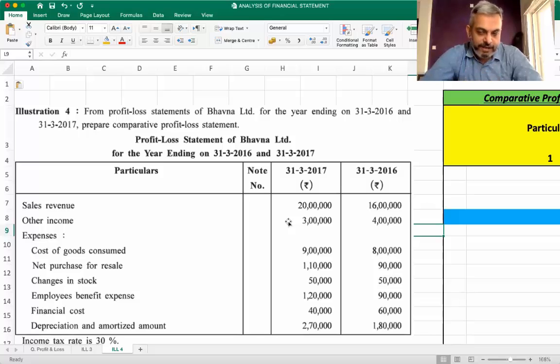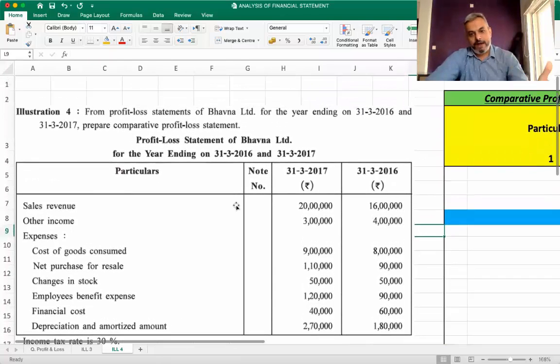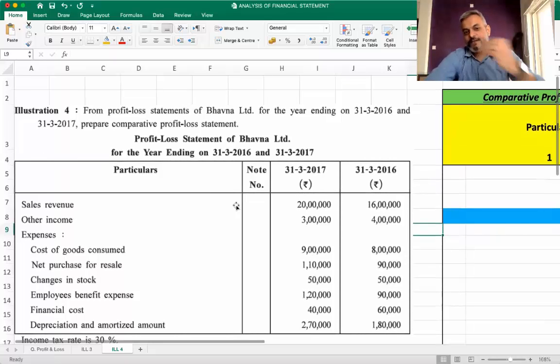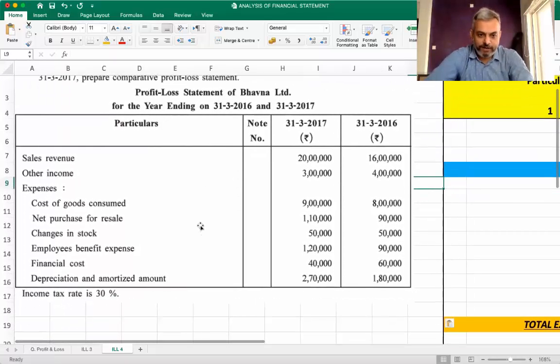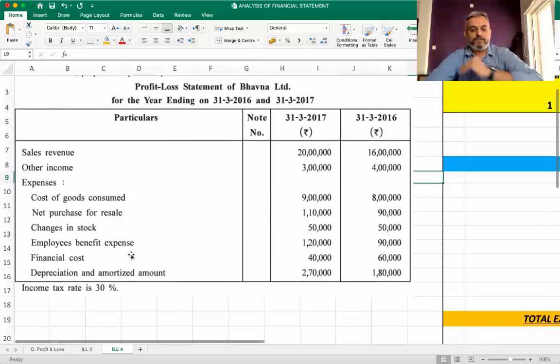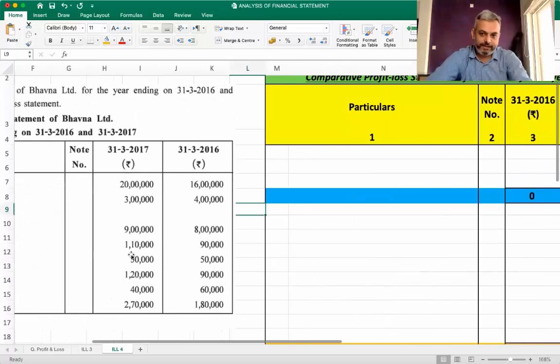You have to be careful in the exam whether it is comparative or common size. So here it is comparative. The format is also given to you. You just have to cut, copy, paste, and then find the difference and the percentage. Everything is given: sales, other income, COGS, net purchase, change in stock, employee benefit, financial costs, depreciation and amortized amount. So let's directly start with the sum.